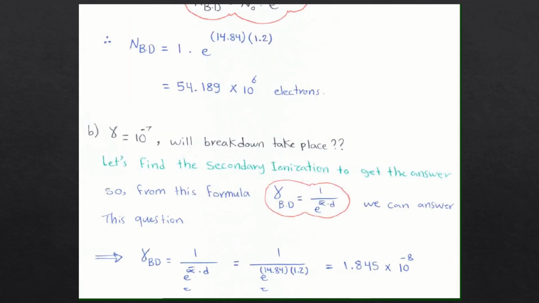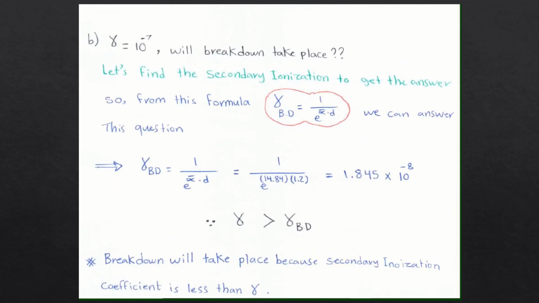Let's move on to the second required in this question. In the second required, he gives us the secondary ionization as 10 to the power minus 7. And he asked us, will breakdown take place or not? Let's find out how we can solve this problem.